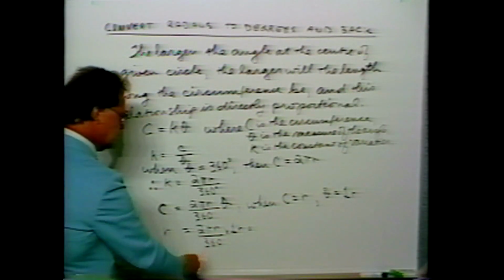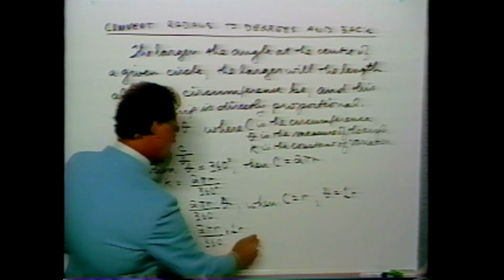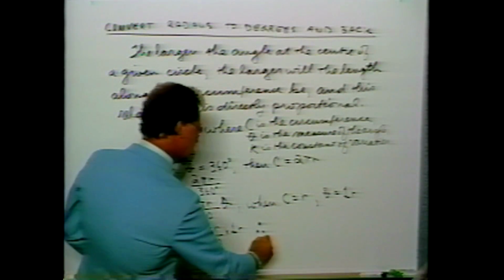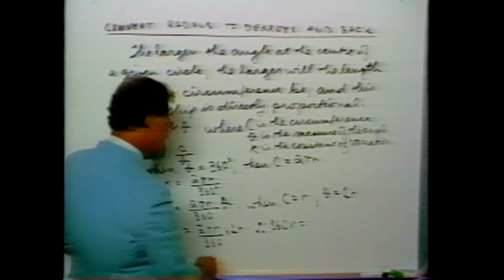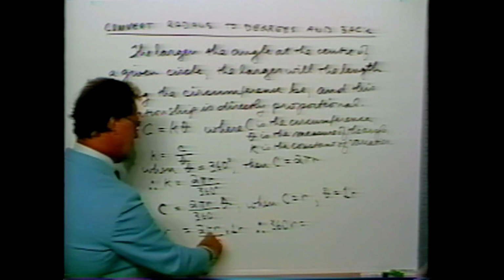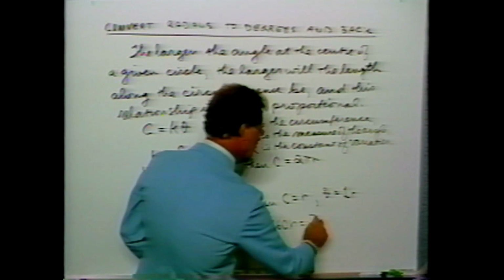Simplifying this work, we find that 360 times r is equal to 2 pi r times 1, which is 2 pi r radians.